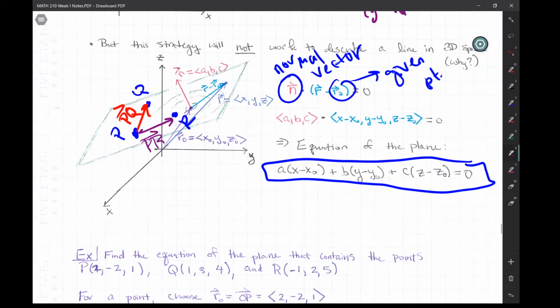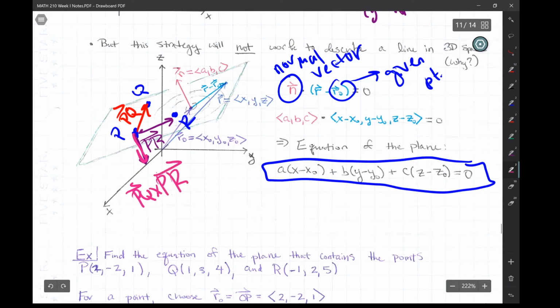So what's the cross product going to do? What will the cross product do at that point? It's going to give us a vector that's orthogonal to both of those vectors. So if we take the cross product, PQ cross PR, let's do this in a different color here, that's going to be the vector PQ cross PR.